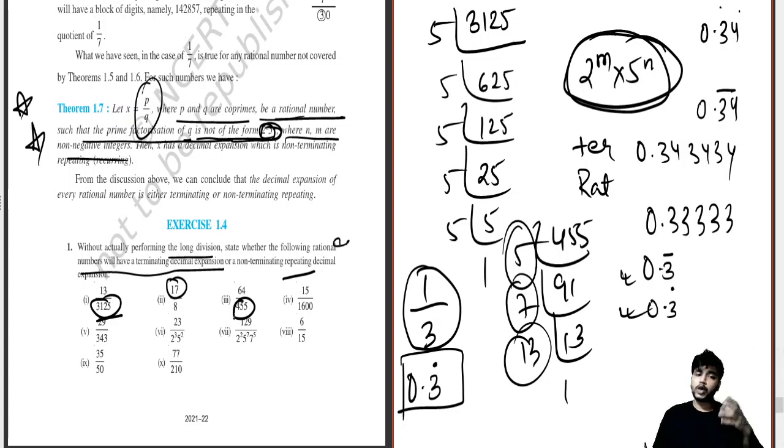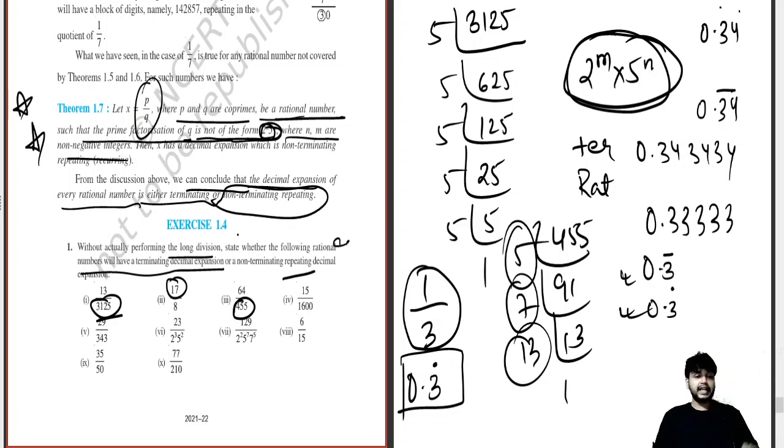So, if you want to look into the question, see over here it is written. From the discussion above, we can conclude that the decimal expansion of every rational number is either terminating or non-terminating repeating. So it has conditionally said it is non-terminating repeating.